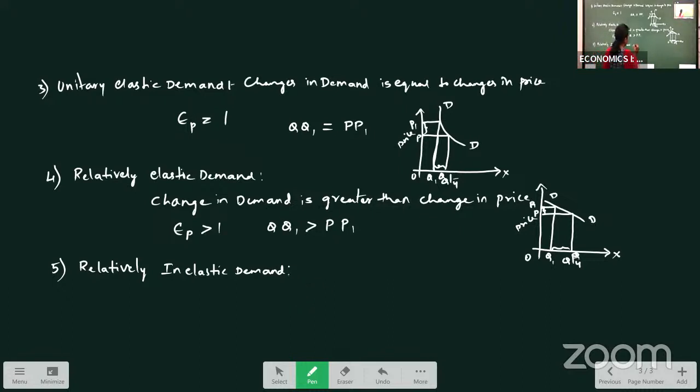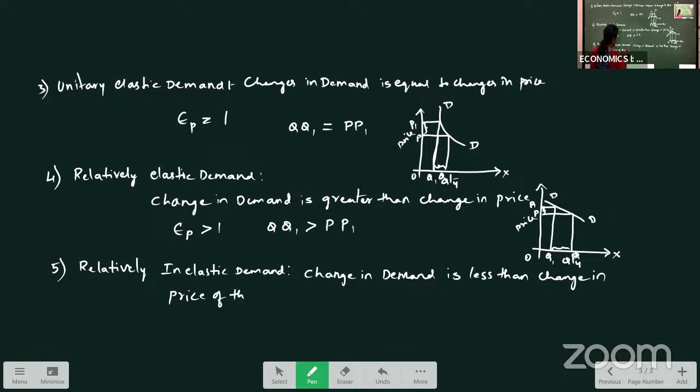So change in quantity demanded is less than change in price of the commodity. Change in demand is less than change in price of the commodity.